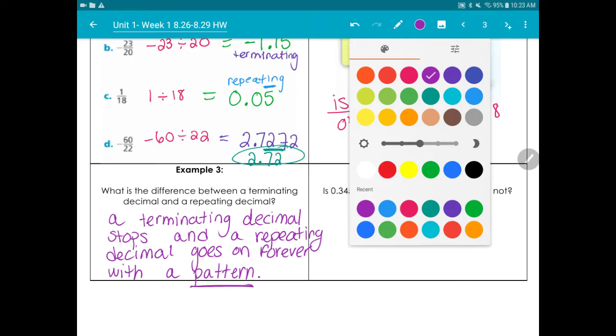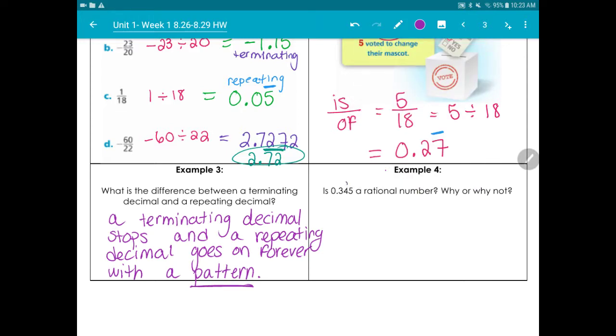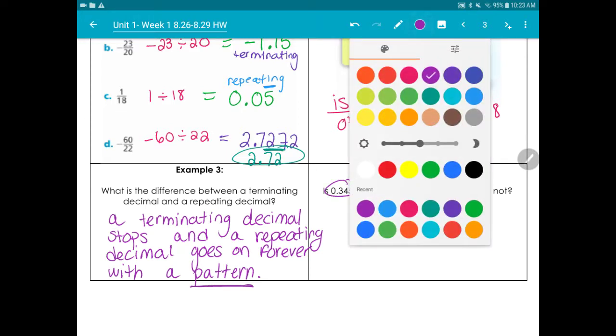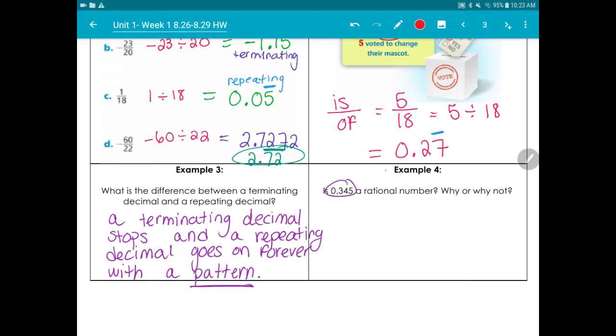Okay? So now they ask us, is this number 0.345 a rational number? Why or why not? So we need to ask ourselves, what is a rational number? I see it in decimal form, and we know that there's 2 forms for decimals. It's either terminating or it's repeating.